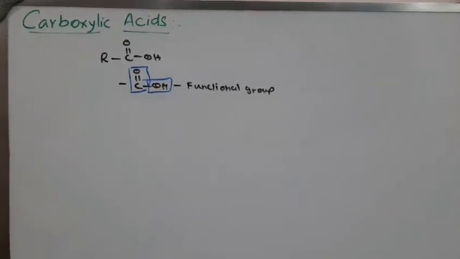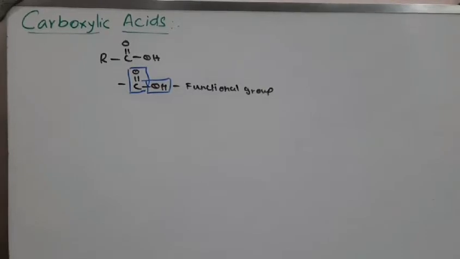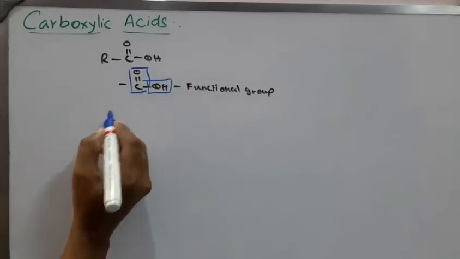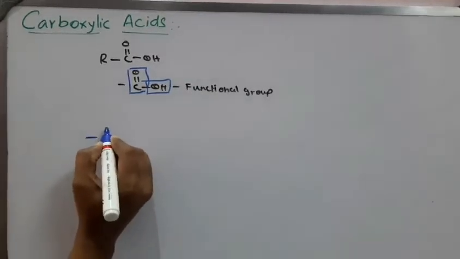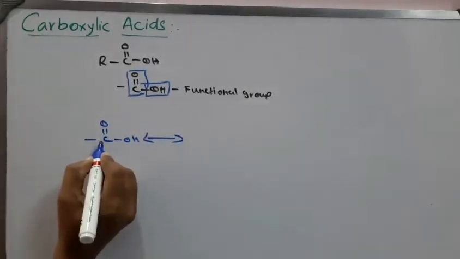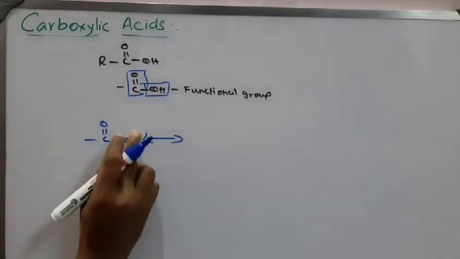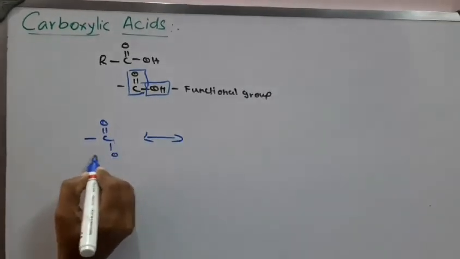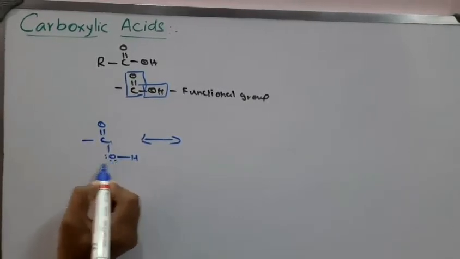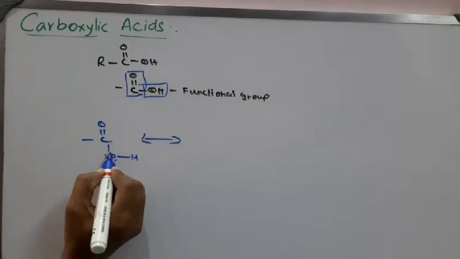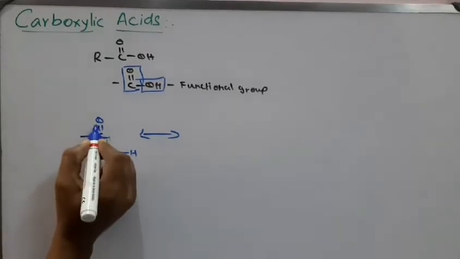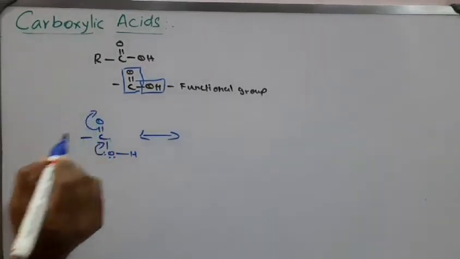But its properties are unique compared to aldehydes and ketones, because it undergoes resonance structures. For example, here this is C double bond O OH. For the resonance structure, this oxygen atom donates a pair of electrons, and then the pi bond shifts.